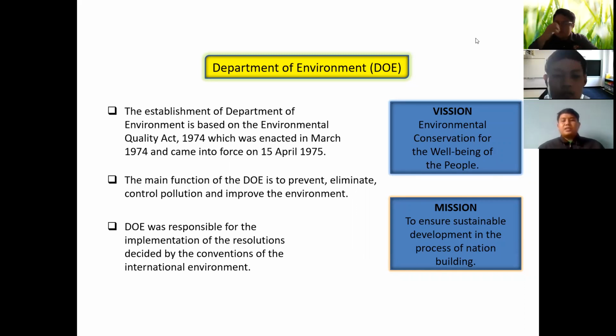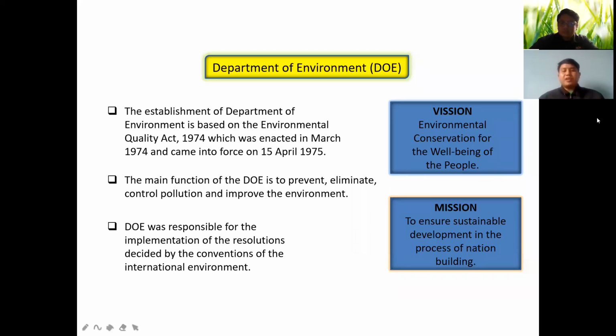The Environment Division was then placed under the Ministry of Science, Technology and Environment in March 1976. Based on the importance of environmental protection and conservation, on 1 September 1983, the Environment Division was upgraded to a department known as the Department of Environment.